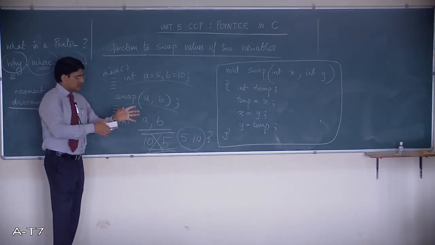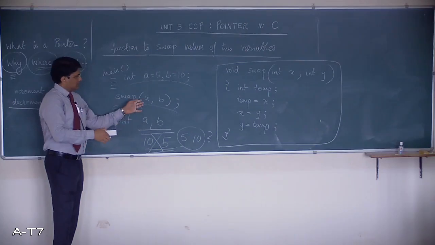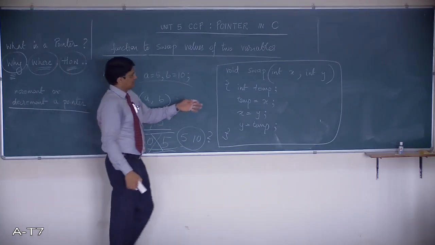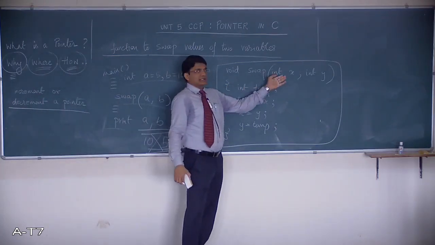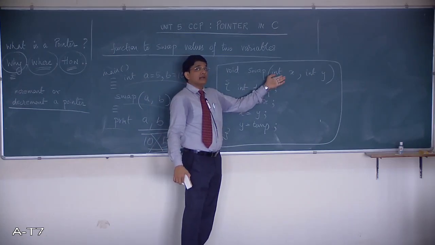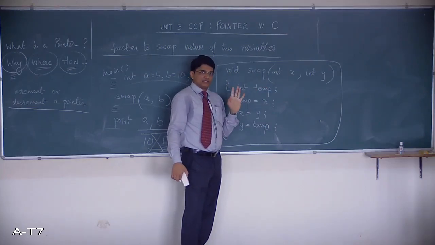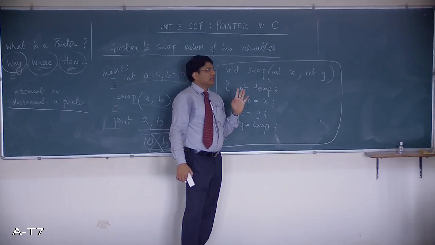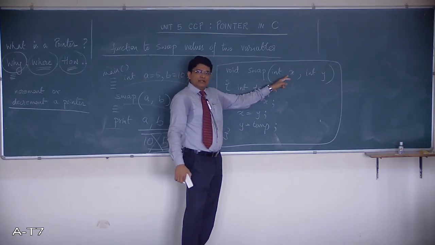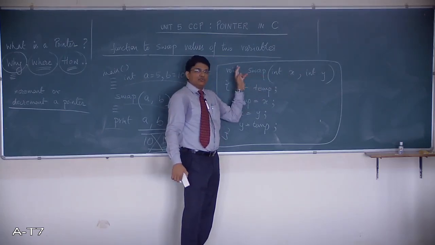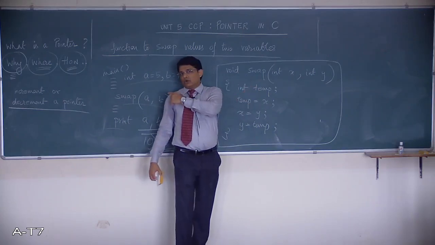Quite easy to understand. A and B you are passing. These are the actual parameters. Swap function is receiving the value of A and the value of B into x and y. Important to understand: even if the names were A and B, this A would belong to the swap function.